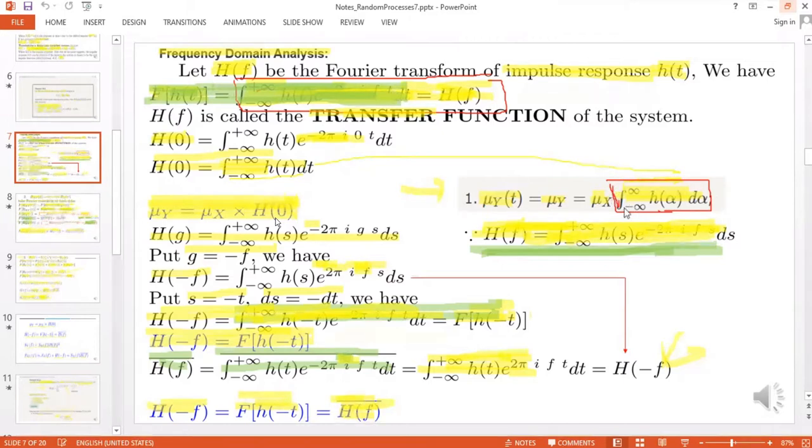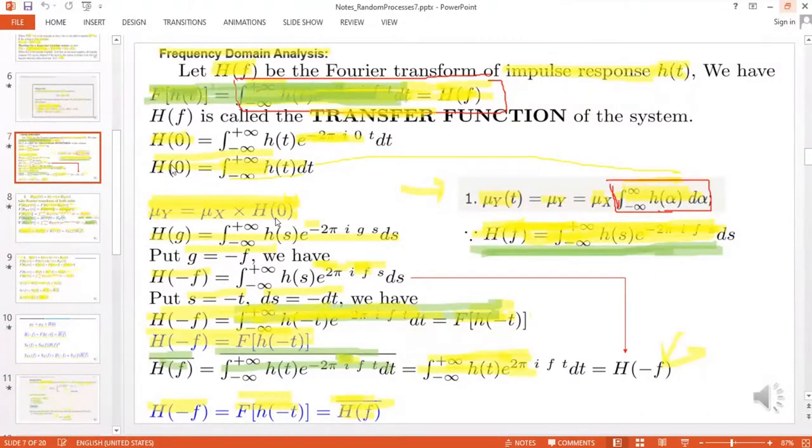So from here, marked in red, you can see this and this are the same thing. Here the variable of integration is t, and here the variable of integration is alpha. So it means mu_y is equal to mu_x times H(0). So this is one result: mu_y equals mu_x times H(0), because H(0) is actually equal to this integral from the result of the previous theorem.